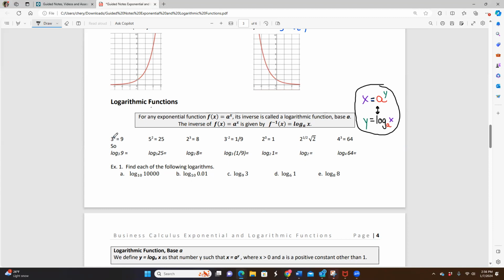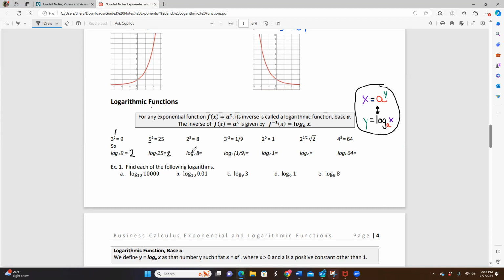Up here, since 3 squared equals 9, we would say the log base 3, so that's a subscript, of 9 equals 2. So the answer is the exponent. Since 5 squared equals 25, the log base 5, whatever the base was on your exponential, becomes the base of the log. So log base 5 of 25 would equal 2.